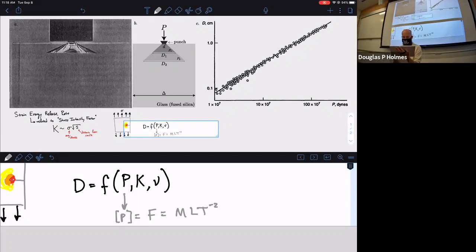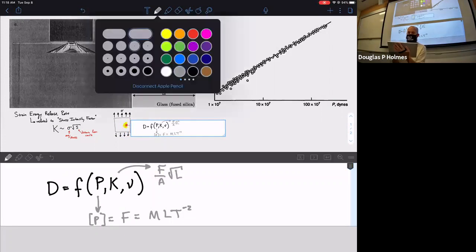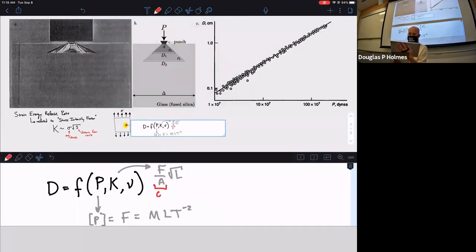Oh yeah, no, that's fine. K is going to be force per area times the square root of length, right? So this is stress, and this is the square root of length.